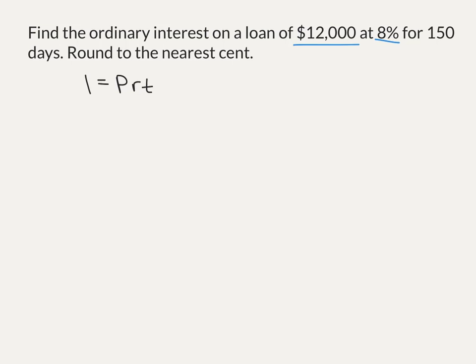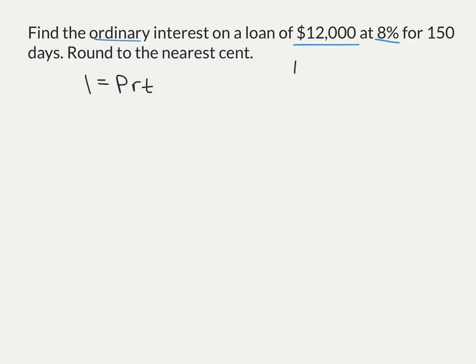T is 150 days, but remember we want to write T in terms of years, so we have to divide by the number of days in a year. Since we're using ordinary interest, we're going to divide by 360 because ordinary interest assumes that there are 360 days in a year.